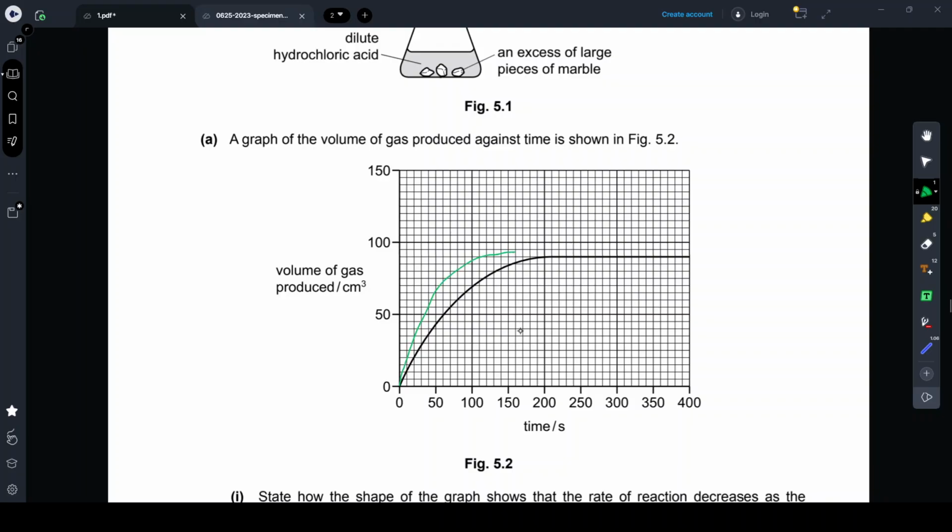Okay, not quite that. Something like that. It's going to be steeper and it's going to reach the final volume more quickly.